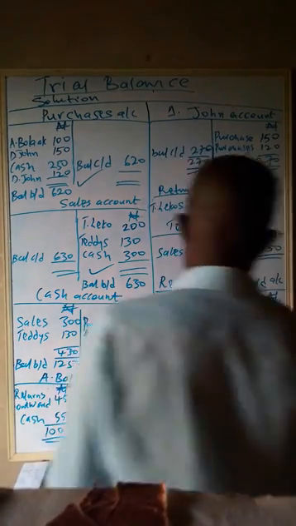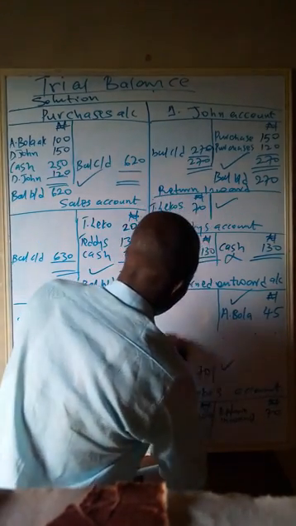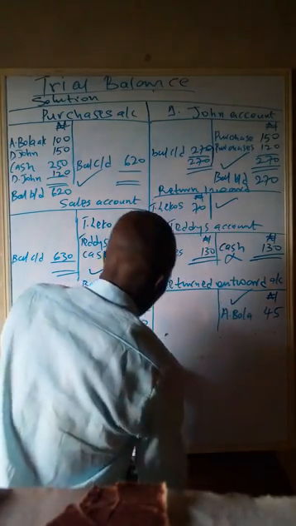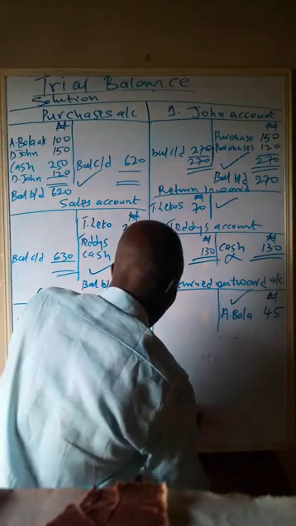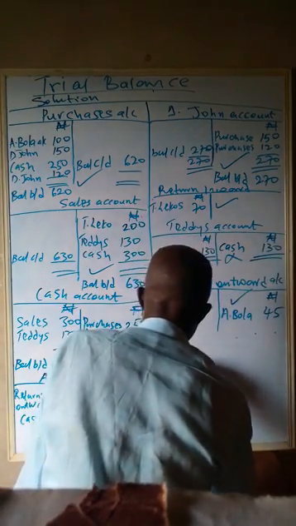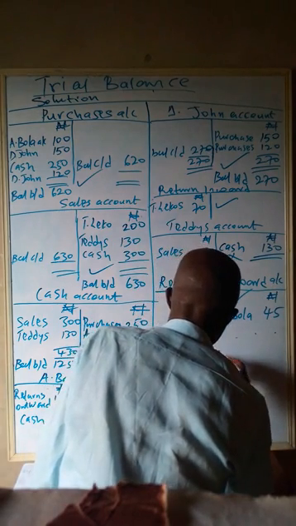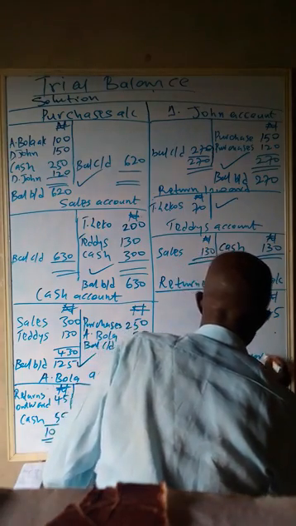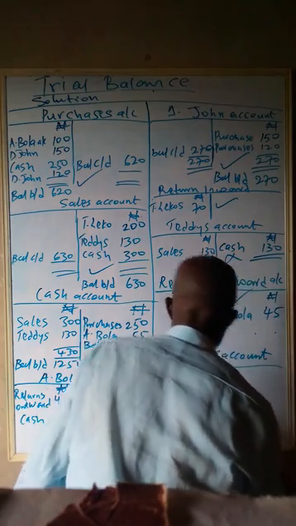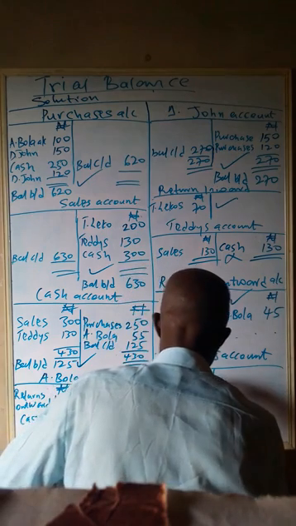So I rub off this return inwards now, so I can present T liquors account. T liquors account. And that is, we sold on credit to T liquors.